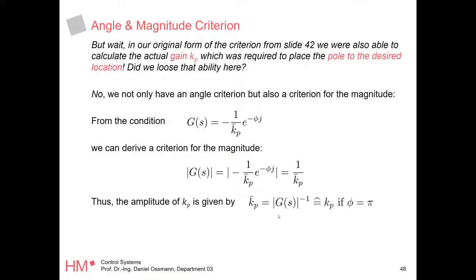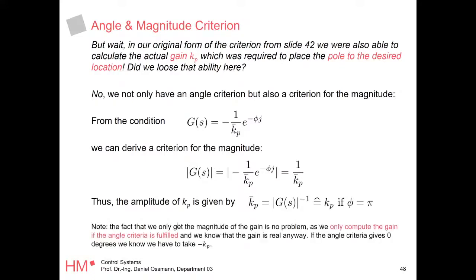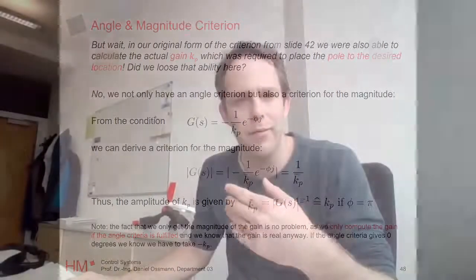Don't be scared, we're going to do this as an example. So now you could say, what happens if kp turns out to be complex? I tell you, this will never happen, because you only compute this kp if your angle turns out to be 180. And if the angle turns out to be 180, that means your gain needs to be real.